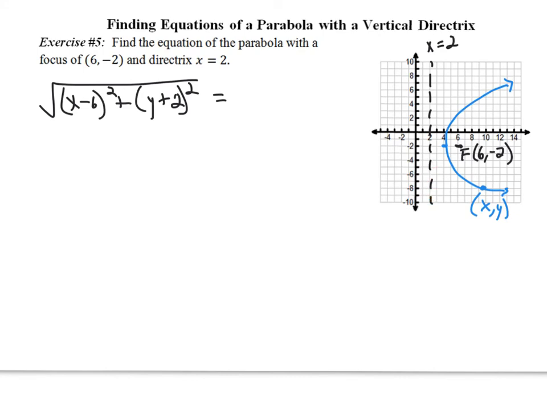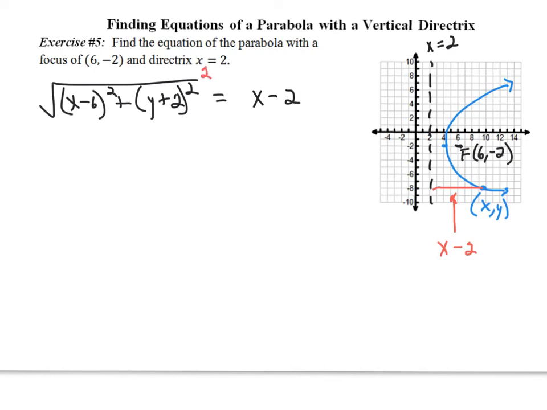So when I'm measuring that distance, I'm only going from here to here. So that distance that I've designated there is really x minus 2. Notice that I used to write that as a y when I had a horizontal directrix, but now that I have a vertical directrix, it's going to be an x distance. So I'm going to say x minus 2 is that distance.